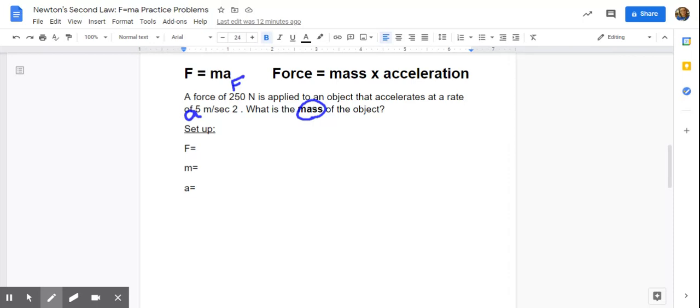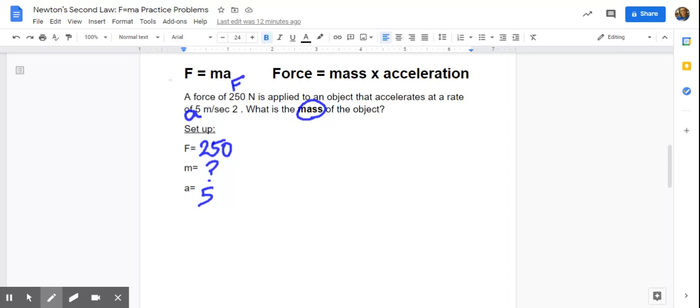Okay, so my setup here, I'm going to identify each of them. My force is 250. My mass, I don't know. And my acceleration is 5. Okay, so now that I've identified my acceleration and my force, I can plug it into the formula to figure out my mass.